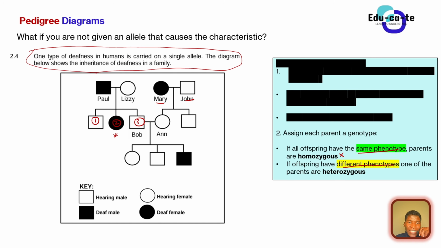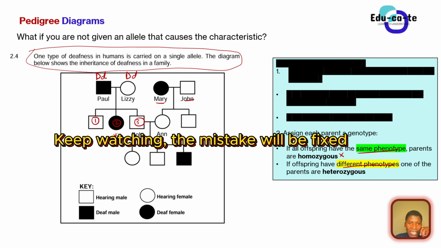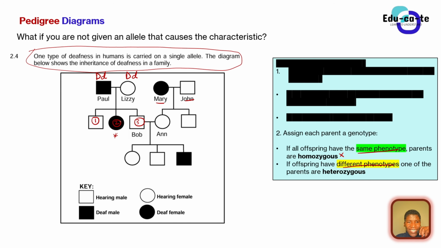So if we represent deafness using a capital letter D and small letter d, this would work to give us this offspring, because if you cross these 2, the possible genotypes during fertilization will be DD, DD, and DD, as well as small letter d.